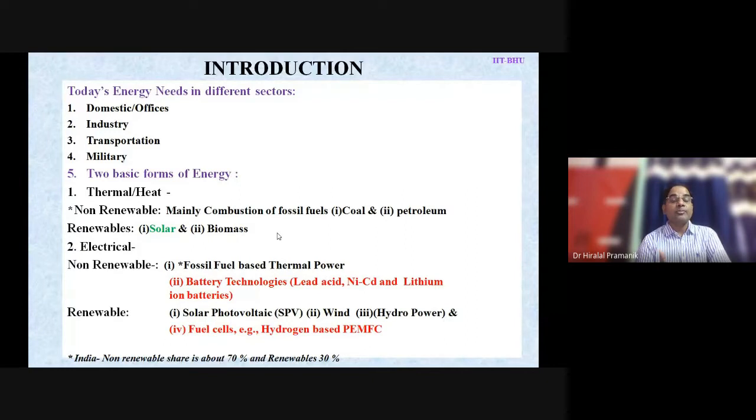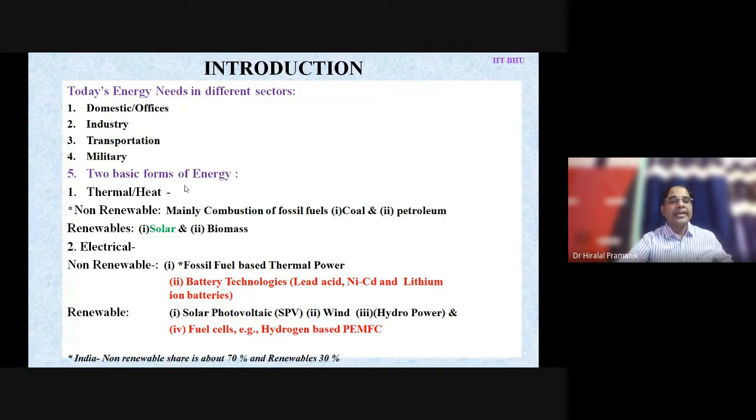Solar, I am talking of solar radiation, which is trapped in the form of a solar heater. Using a solar heater, we trap the energy and get the heat from the radiation. Similarly, biomass, I'm talking of vegetation, plants, etc., which gives us energy when we do the combustion.